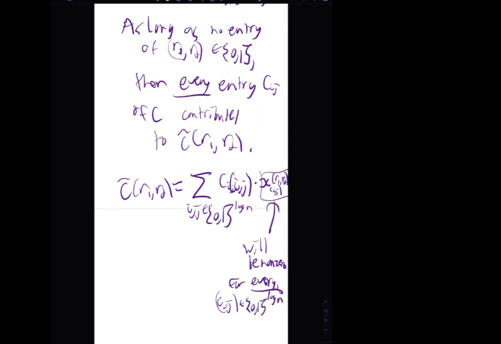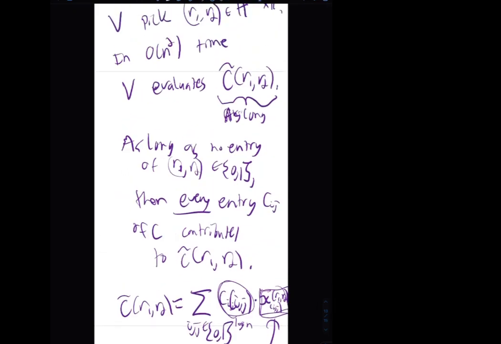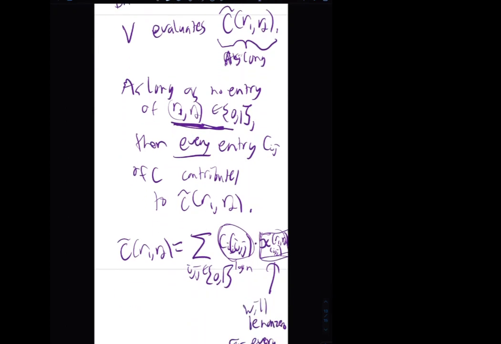Then every single entry of C is contributing to the sum, getting multiplied by something non-zero. If R1, R2 were Boolean, without the twiddle, they would just spit out a single entry of C. But if they're not Boolean, every single entry of the matrix C contributes to this value that the verifier computes. It's just one field element, so it can't possibly carry more information than a single field element, but every one of the n squared field elements in C contributes to that single field element.